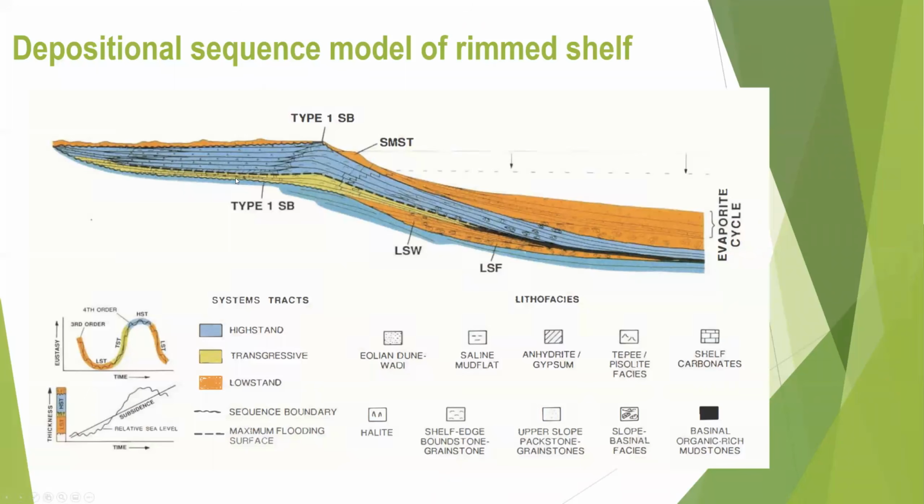At the sequence boundary, when sea level is here, we have some type of erosion. And because the sea level is here, we have the deposition of siliciclastics here, same as lowstand wedge and lowstand fans. But after that, when the sea level goes up, we have condensation.